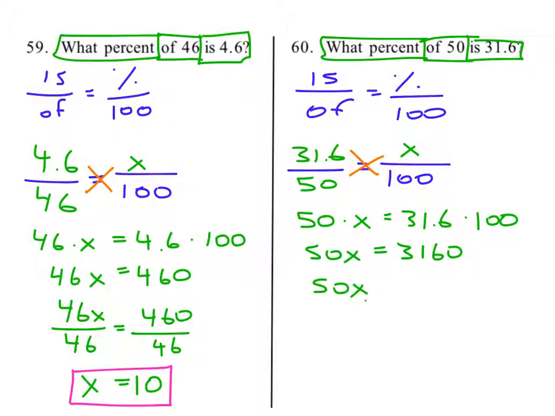And 50x then divided by 50 equals 3,160 divided by 50, or x equals, and you should be able to see that these zeros cancel out, leaving you just 316 divided by 5.